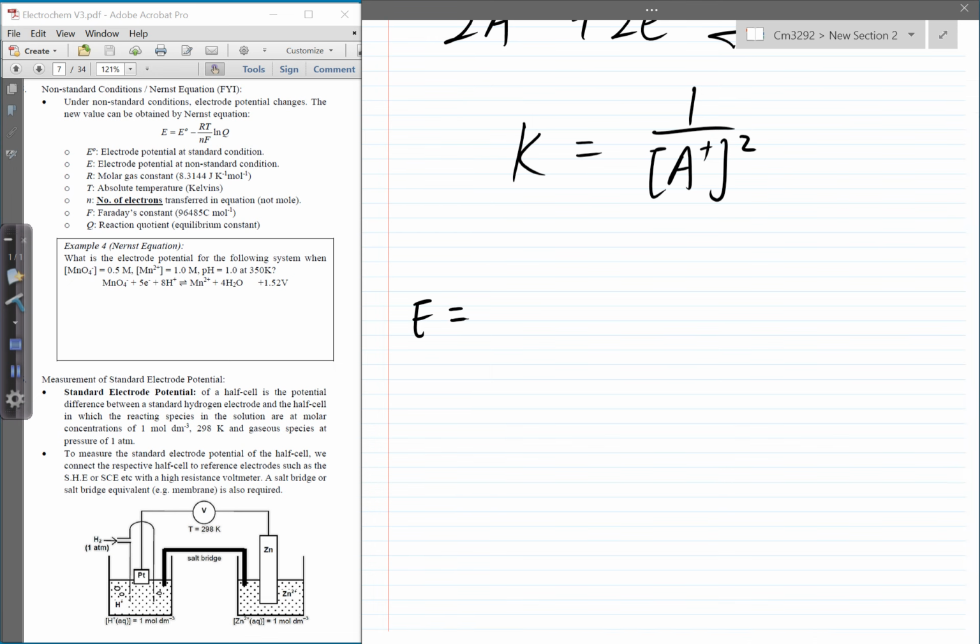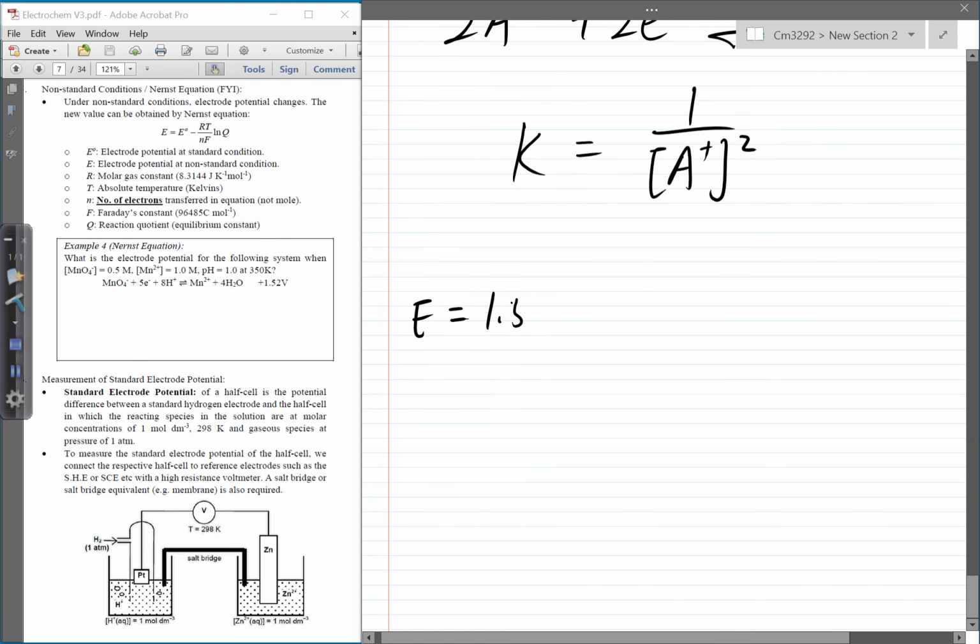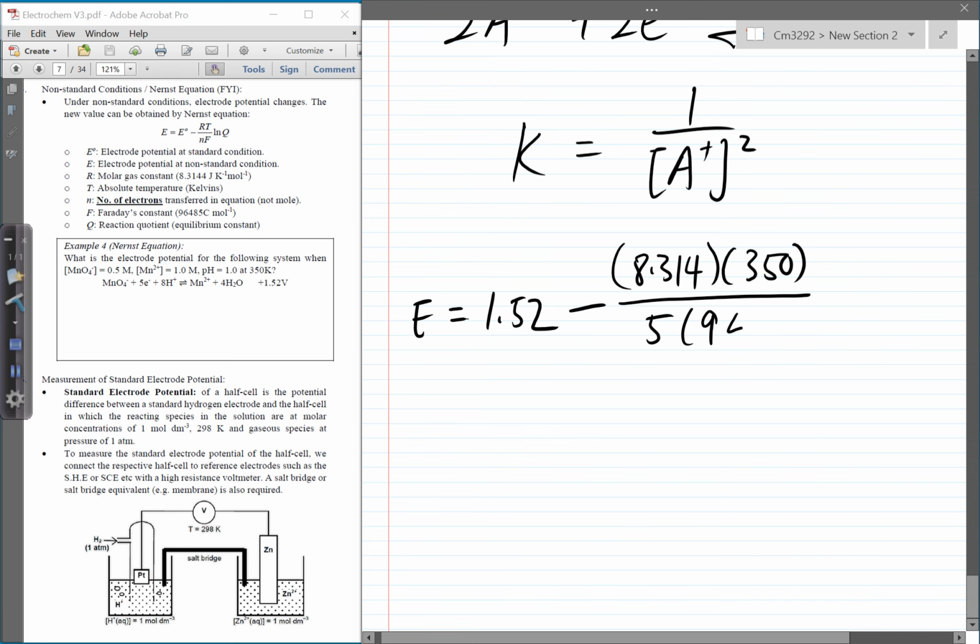In order to calculate E, you just take the standard potential, which is 1.52, which is already given and also inside here, minus RT over NF. R is your 8.314, T is 350 Kelvin, the number of electrons per equation is 5, followed by Faraday's constant, which is 96485, also given above.